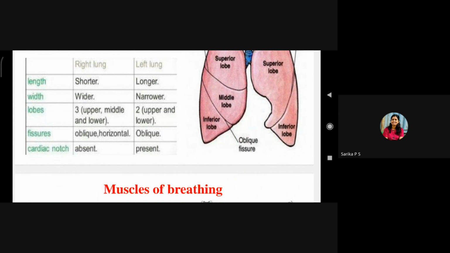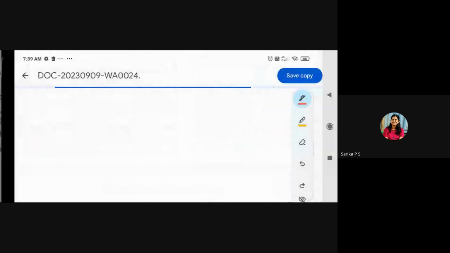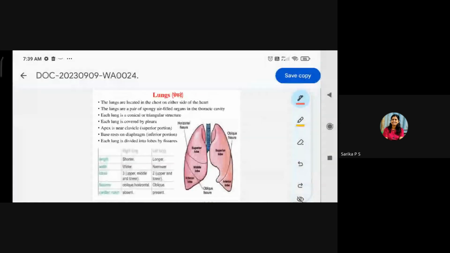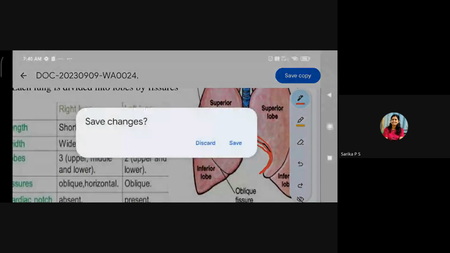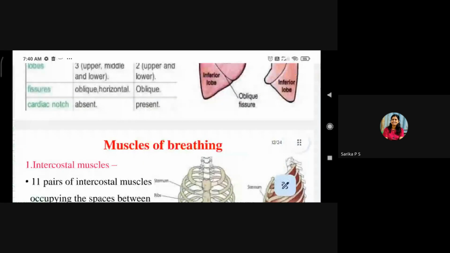And the cardiac notch is absent in the right lung, obviously. This is the cardiac notch, which is present in the left lung only and not in the right lung.